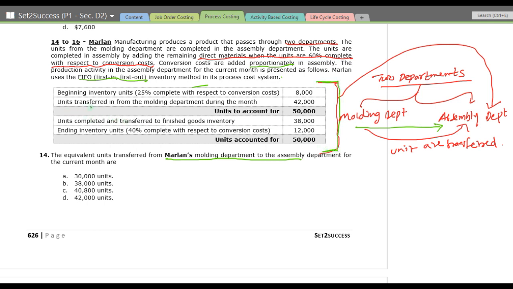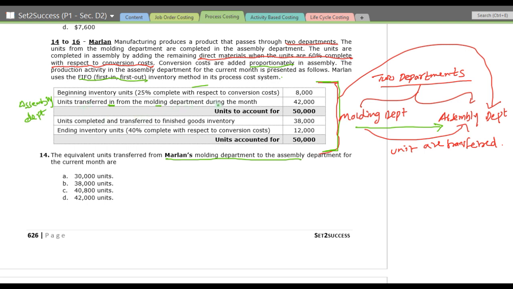So units transferred in from the molding department, transferred in to which department? To the assembly department, because we are sitting in the assembly department.